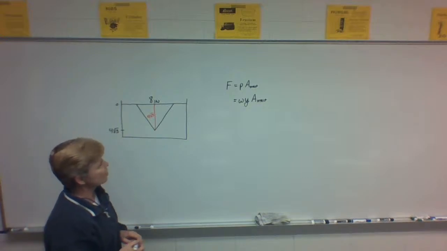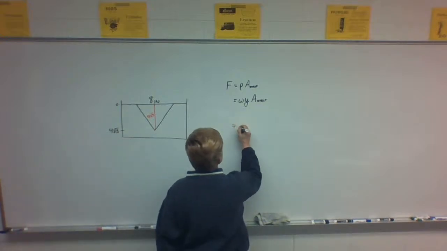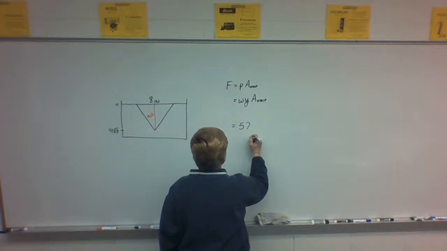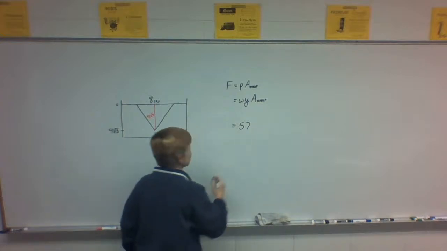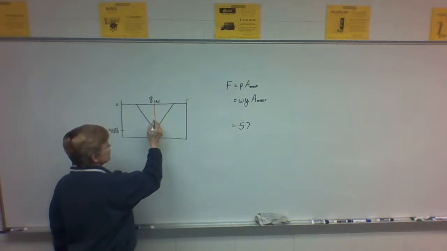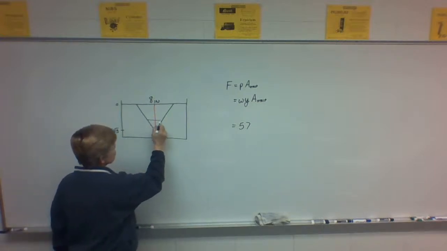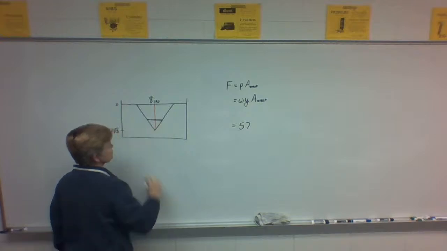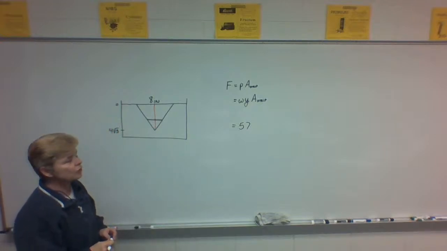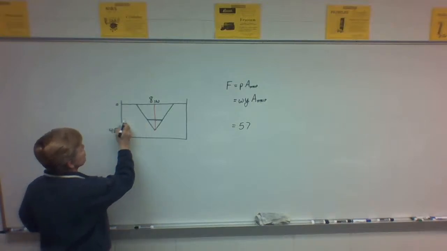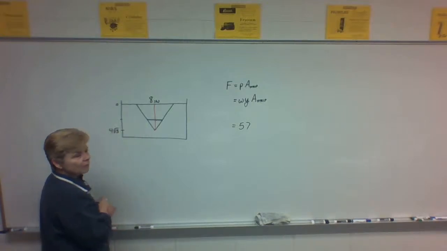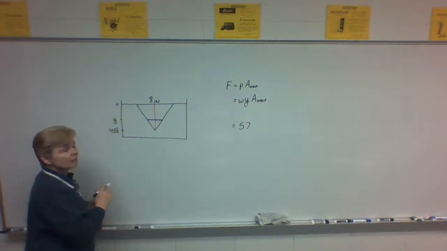Okay, so we have our weight density, which is 57. We have our depth, which is what? Depth of a strip. The integral will collect the strips when we're ready, but the depth of a strip is how deep that strip is.